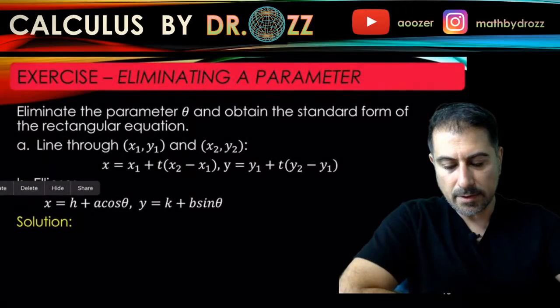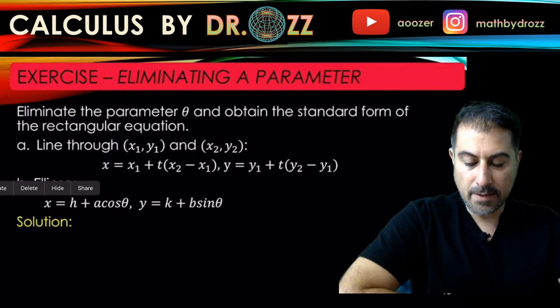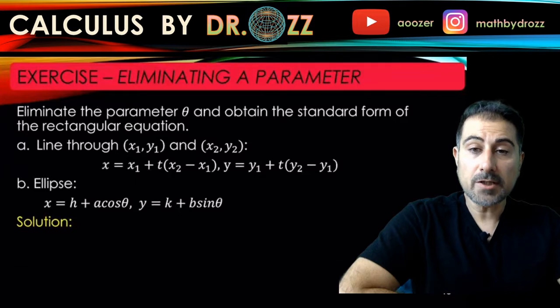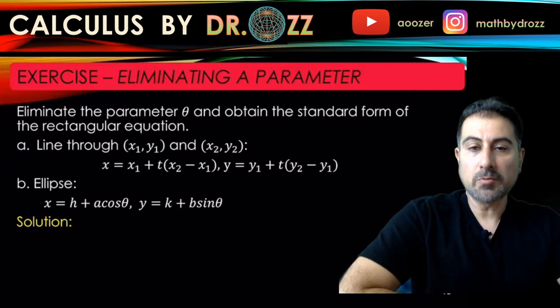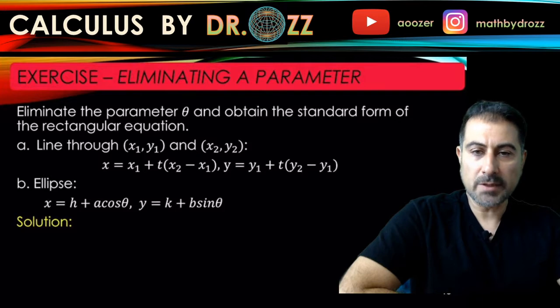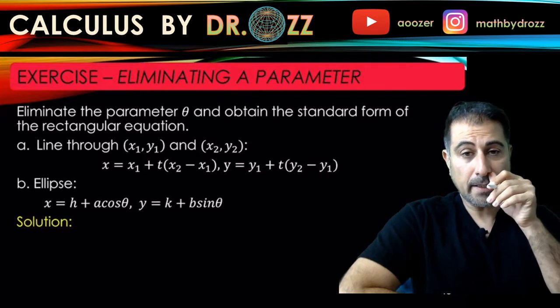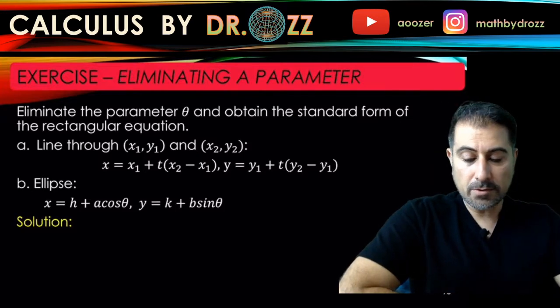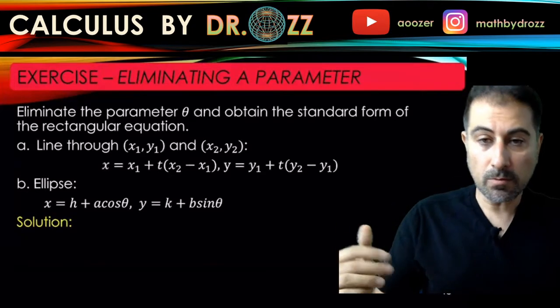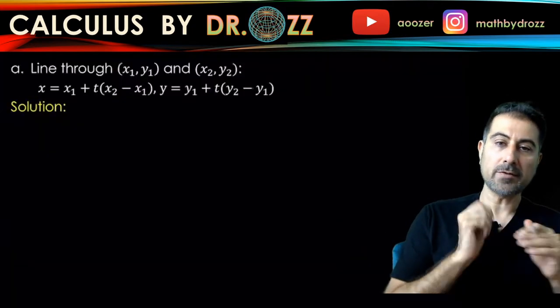All right, let's start. So we have a parametric representation of a line through x1, y1 and x2, y2. We want to go back to the actual xy representation of that by eliminating the parameter t. To do that, we have to solve one equation for t and plug it back into the other equation.